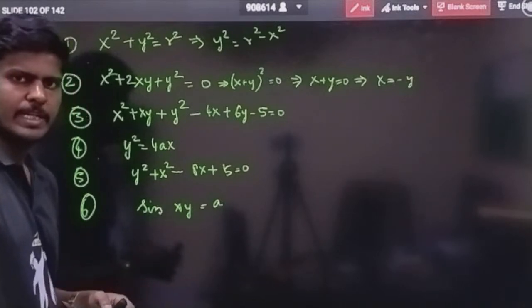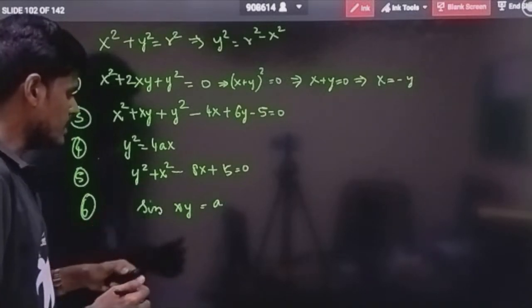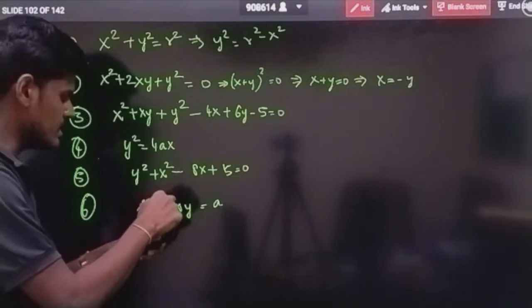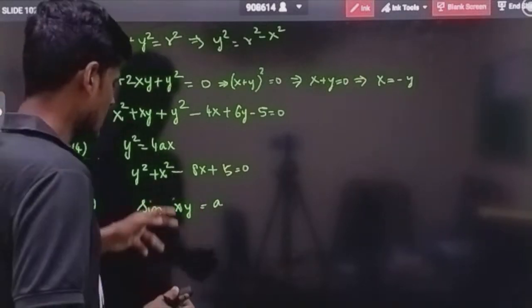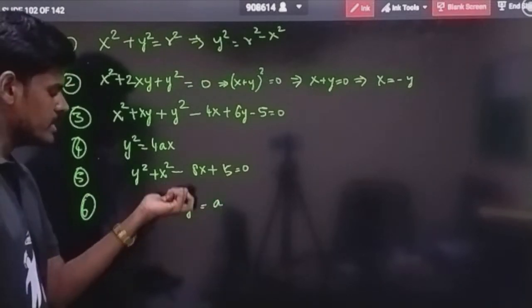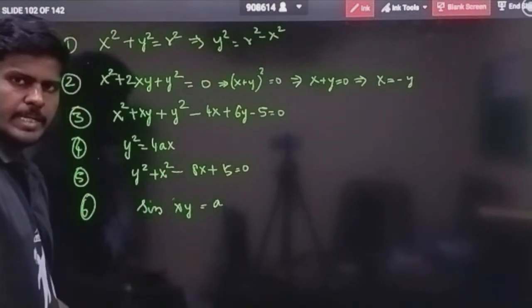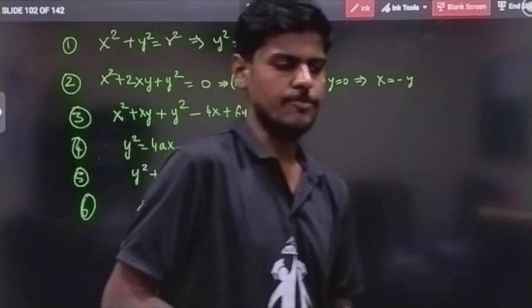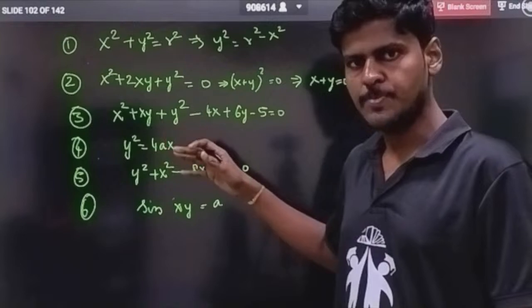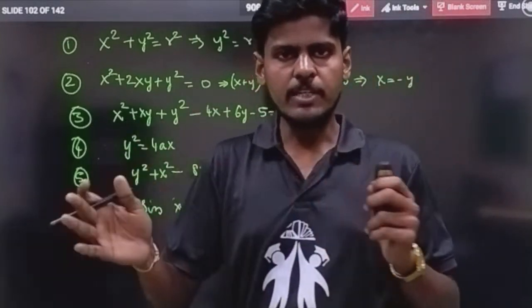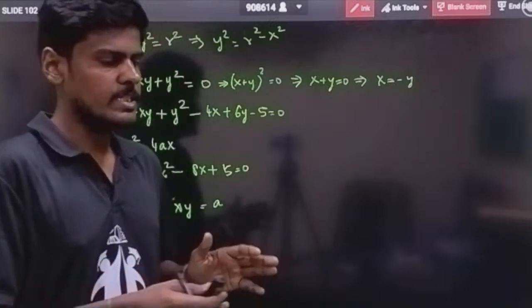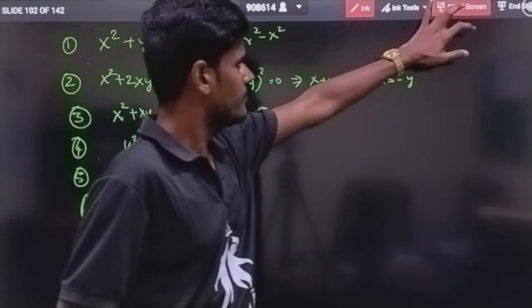It is not easy to split directly, so this will be an implicit function, or we can write xy equal to sin inverse a, y is equal to sin inverse a divided by x, then that will become an explicit function. So we can make an implicit function into an explicit function if it is easy to write x in terms of y or y in terms of x, otherwise it is an implicit function.